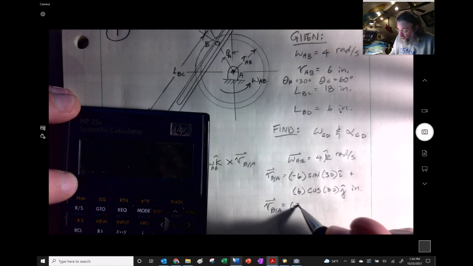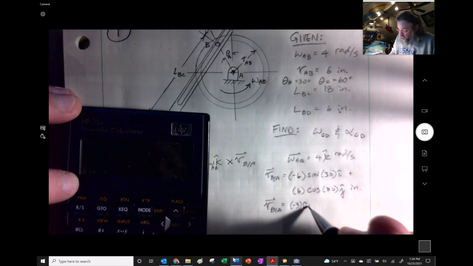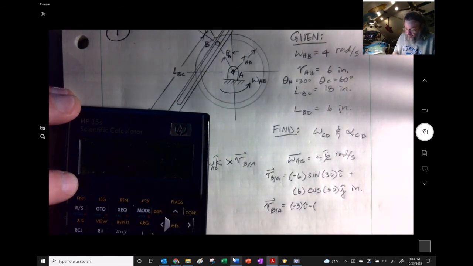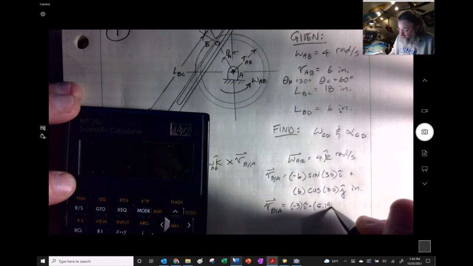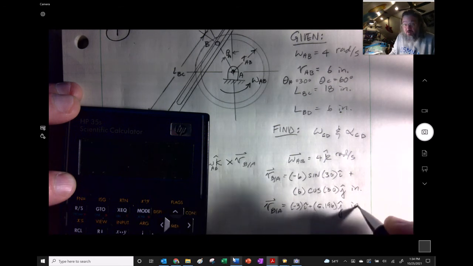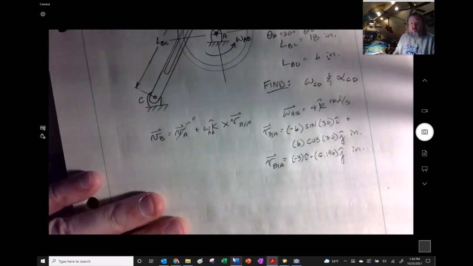So it's a negative 3i plus 6 cosine of 30, and that becomes a 5.196 j inches.